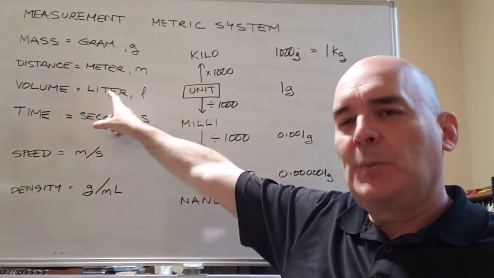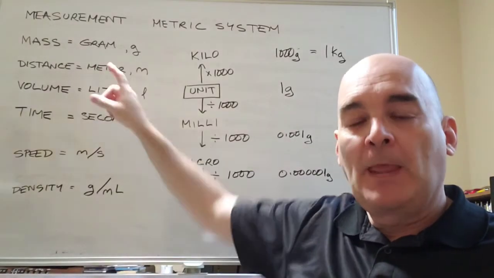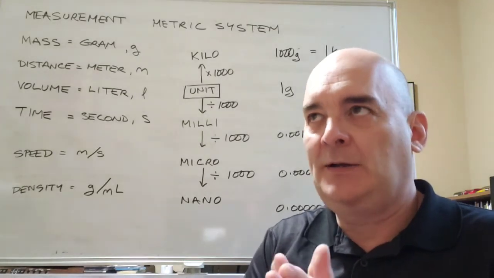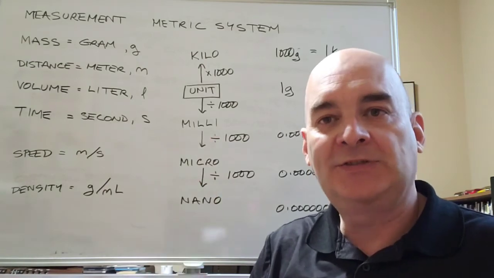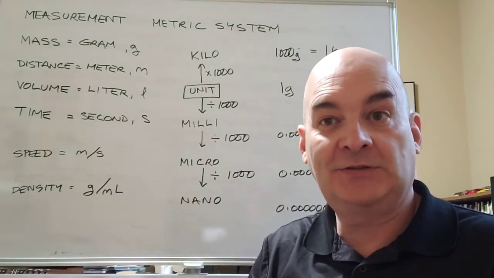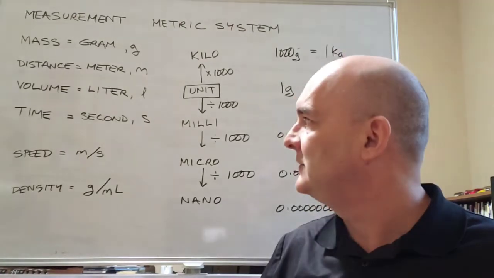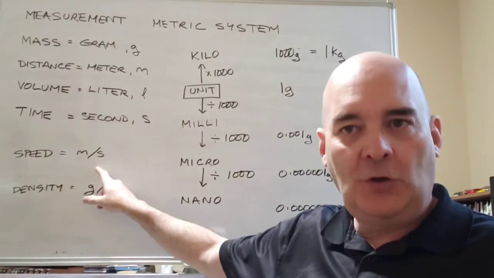Volume belongs to the world of derived units, because a volume is a three-dimensional shape. It is length times a depth times a height. It is a distance times a distance times a distance. It's made up of three other numbers. In the same way that speed is made up of two other numbers.